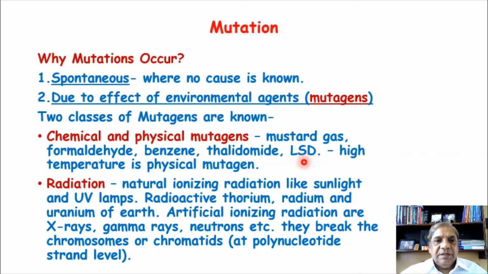Then physical agents. High temperature is a known physical mutagen, when a person is constantly working in high temperature near a fireplace or something. That may also be a reason for this mutation.